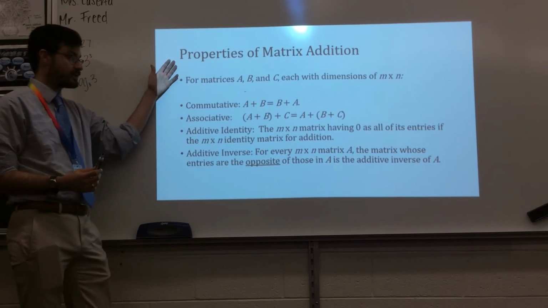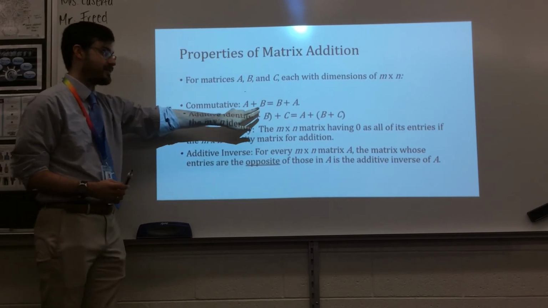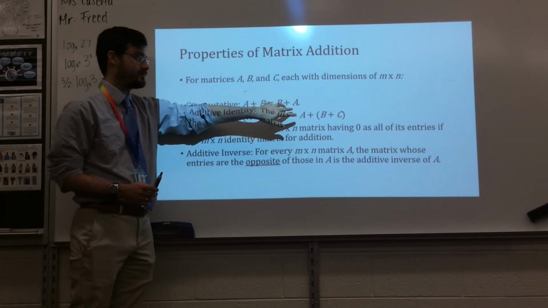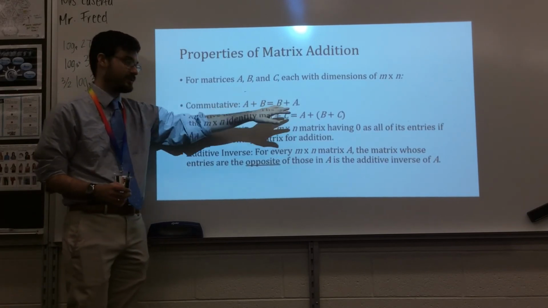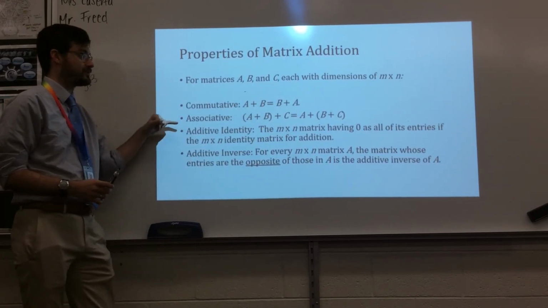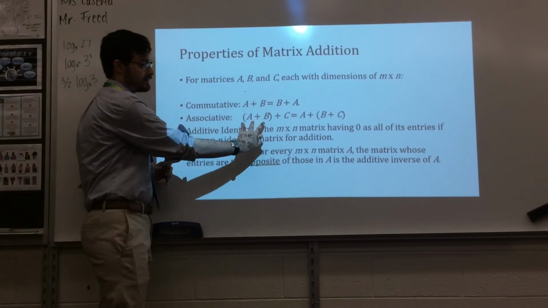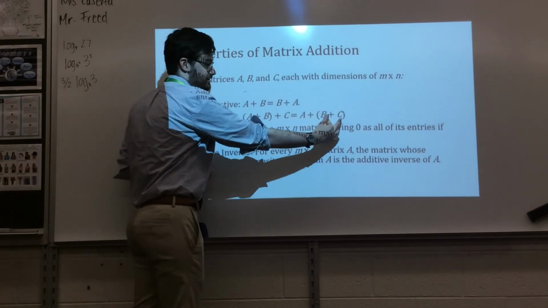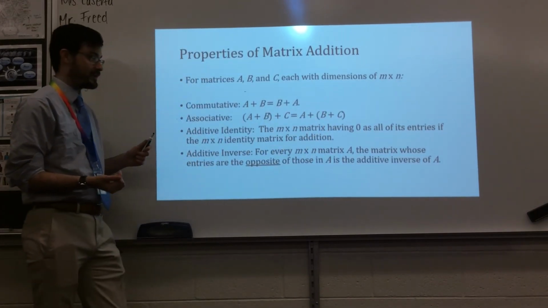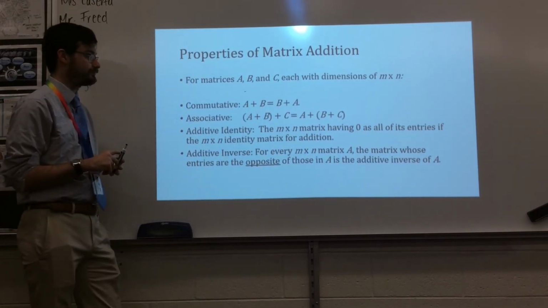Matrices, in terms of addition, are commutative. If I have matrices A and B, I can add them the same as if I flip-flop them, B plus A. Our matrices are also associative when it comes to addition. It doesn't matter which order I add my matrices in, as long as I add them all together.